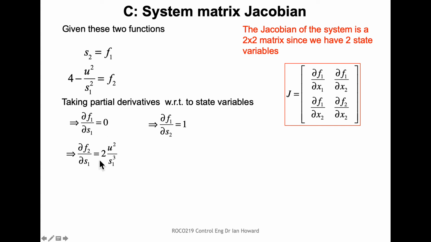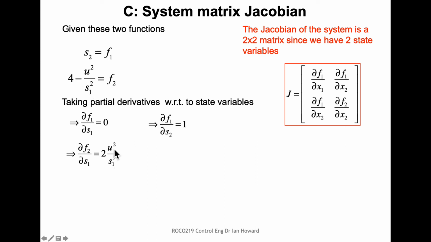Then we've got F2, which is going to be the differential of this with respect to S1. So the first term is going to disappear, and we've got 1 divided by S1 squared, so that's going to go to minus 2 times S1 cubed.